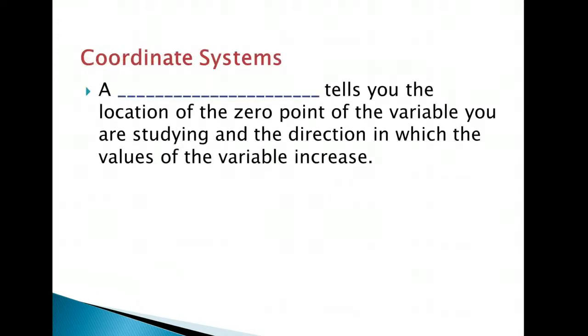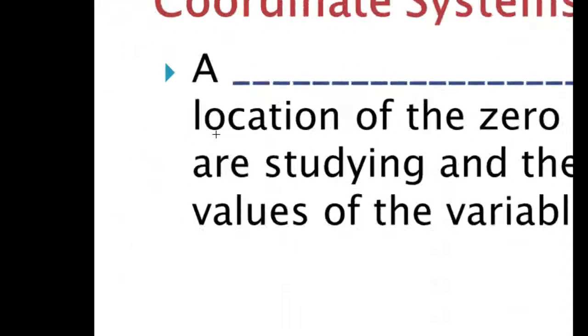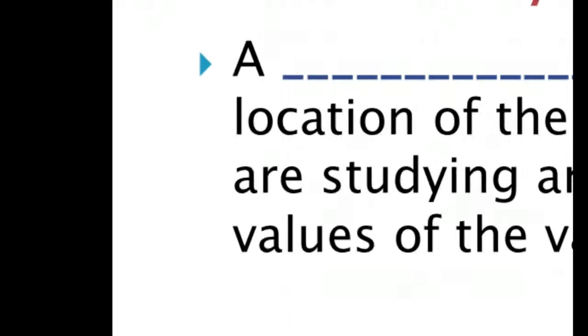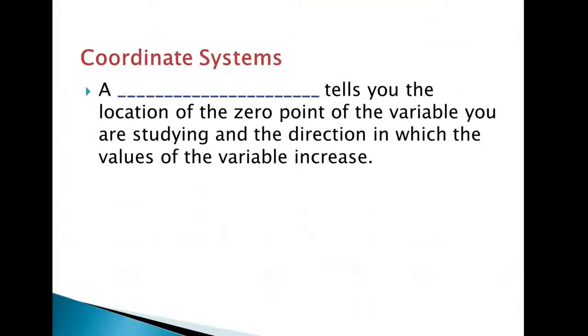So, first of all, a coordinate system, and that's the blank here. A coordinate system tells you, and this is very important, there are two things a coordinate system does. First of all, it tells you the location of the zero point, and it also tells you the direction in which the values of the variable increase.